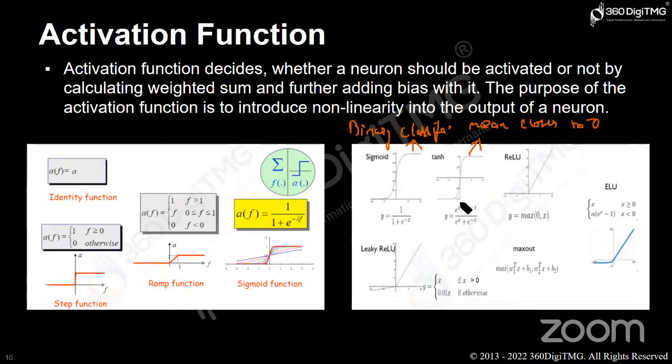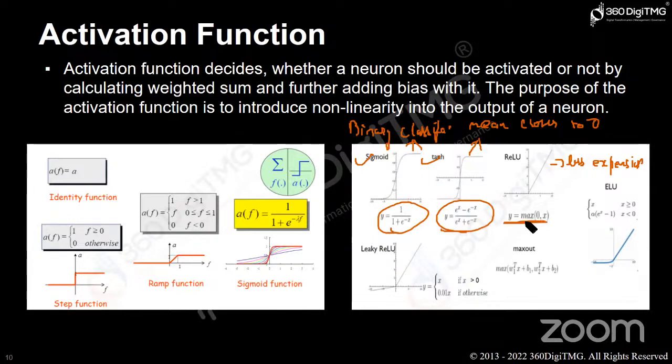Okay. Then you have ReLU. ReLU stands for rectified linear unit. This is the most commonly used function, and it is less expensive. Less expensive computationally than sigmoid and tanh, because if you notice this equation, the calculations are a lot simpler.